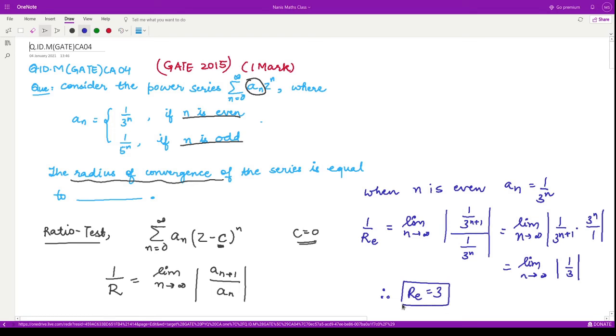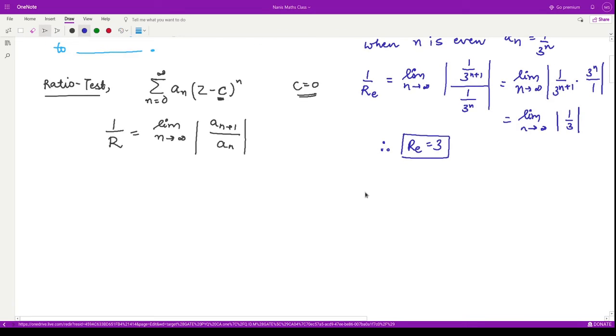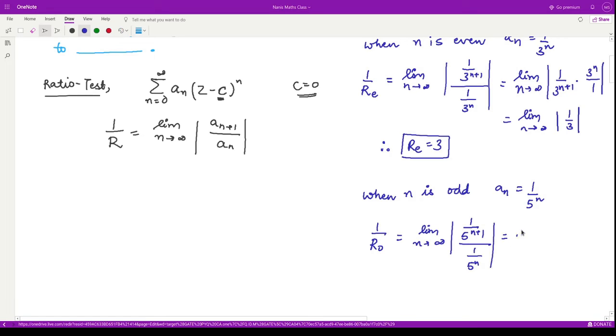In a similar manner, we can also calculate the radius of convergence when n is odd. When n is odd, a_n is given to be 1/5^n. So 1/r_o comes out to be the limit n goes to infinity of modulus of (1/5^(n+1)) divided by (1/5^n).